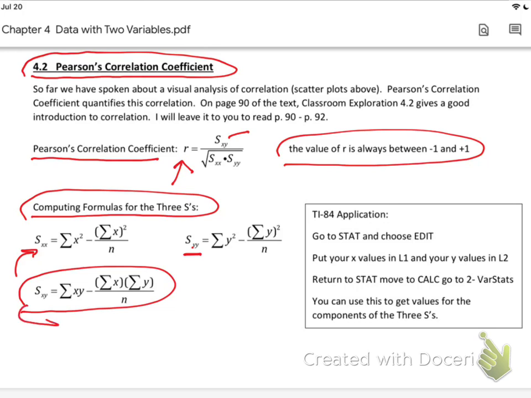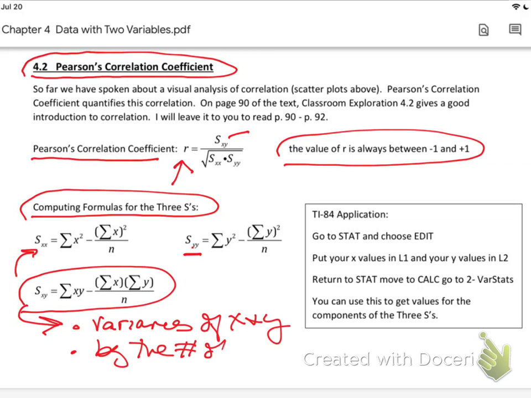However, this SXY, as the textbook explains, is impacted by two things: by the variances of X and Y, and also by the number of data points. So in order to control that impact, we divide by an approximation of the variances of X and Y. That's some of the underlying premise.